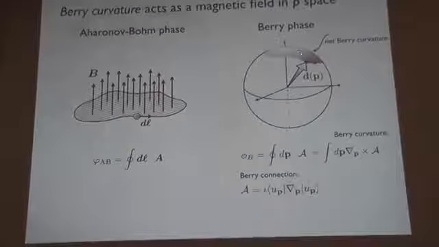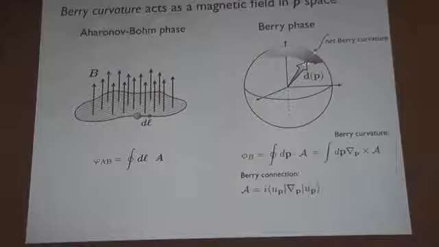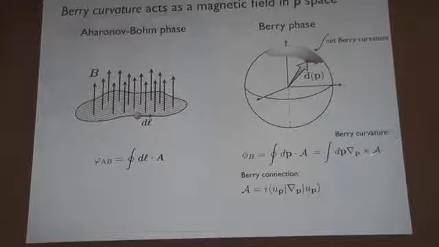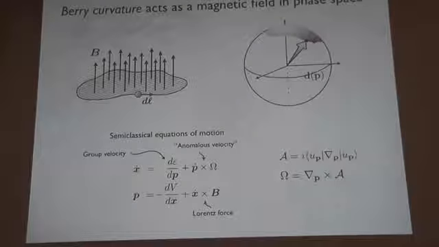All right, so you might think, maybe I can think about some kind of effective magnetic field, but in momentum space for this Berry phase. And it turns out that by going around this loop, I can use Stokes' theorem. You remember that this looks a lot like Stokes' theorem. Then I can rewrite this as a curl of this A, this Berry connection, and it turns out that this is the Berry curvature. So I can think of Berry curvature as some kind of magnetic field, but in phase-space, momentum space.